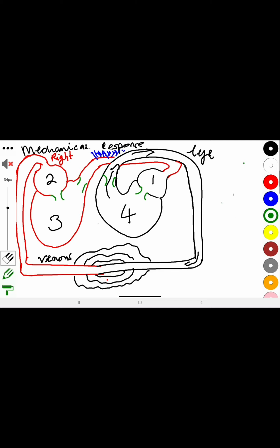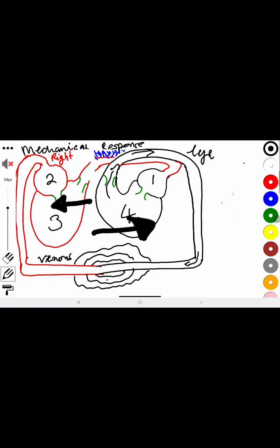So in our discussion, we will look at what is happening on this side of the heart, but you should also take into consideration that the same is going to happen on the other side. I am going to give you the pressures that are on the right side, but we are going to concentrate on the mechanical response of the left side of the heart.